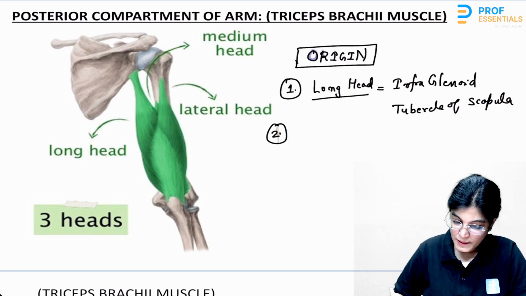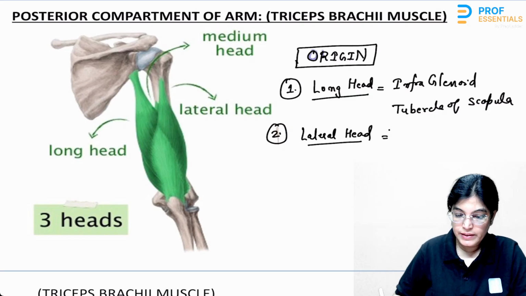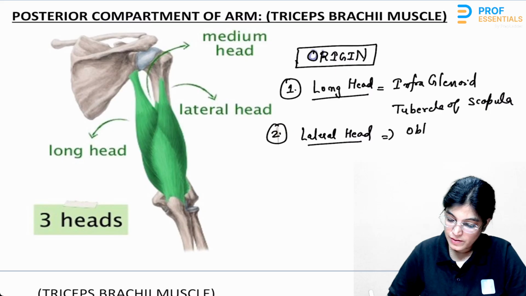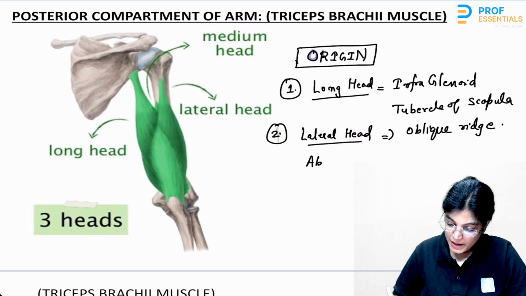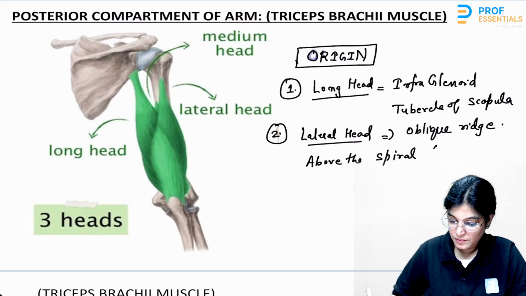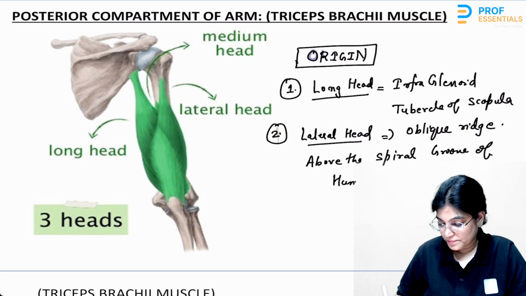Then coming to the lateral head, the lateral head arises from the oblique ridge above the spiral groove of the humerus bone.